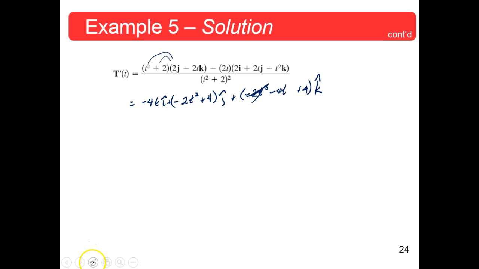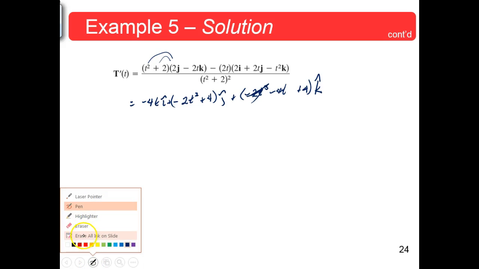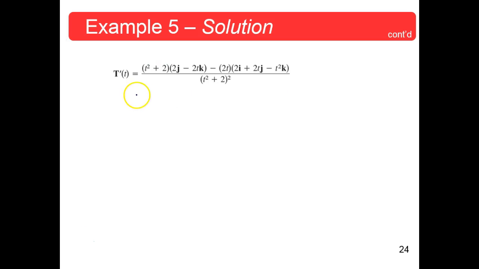Okay. Let's start over. I know this is a pain in the neck, but okay, the i term is minus 4ti. That's the only i term. Okay, so I'm going to sort of wipe that out. I already multiplied it by the minus 2t. Minus 4ti. Okay, the j terms.